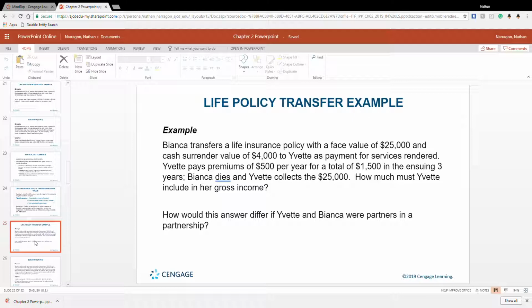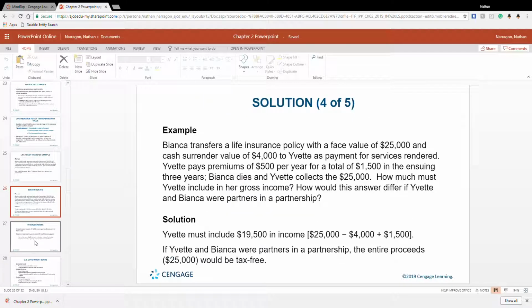Well, first off, we have to basically take the face value of $25,000 minus the cash surrender value of $4,000. So 25 minus 4, we have about $21,000. And then plus the $1,500.